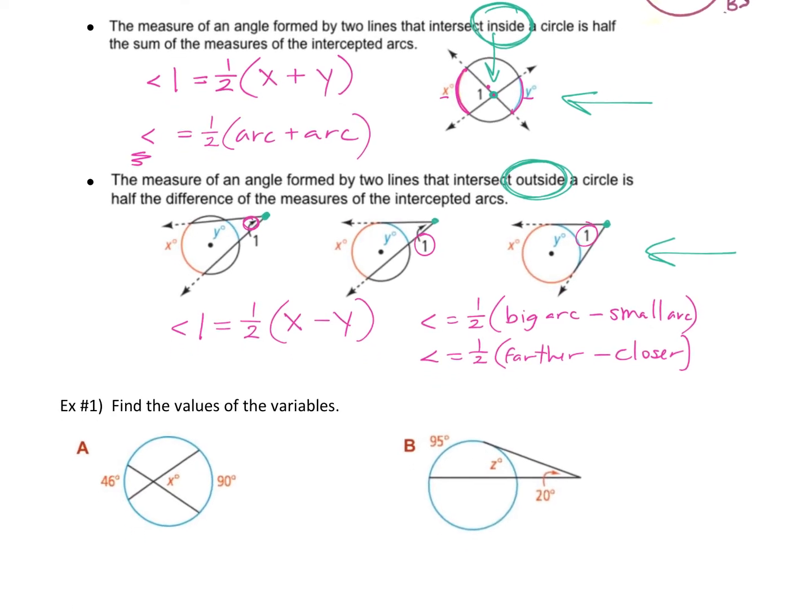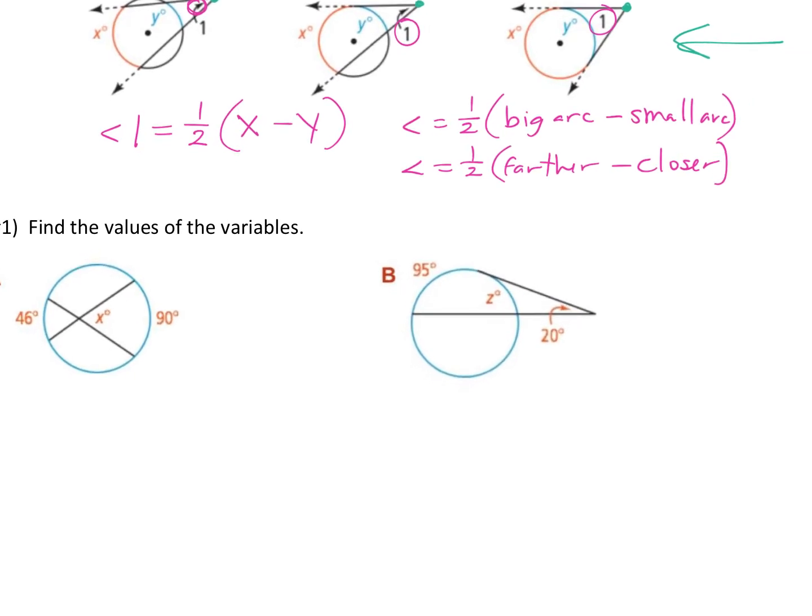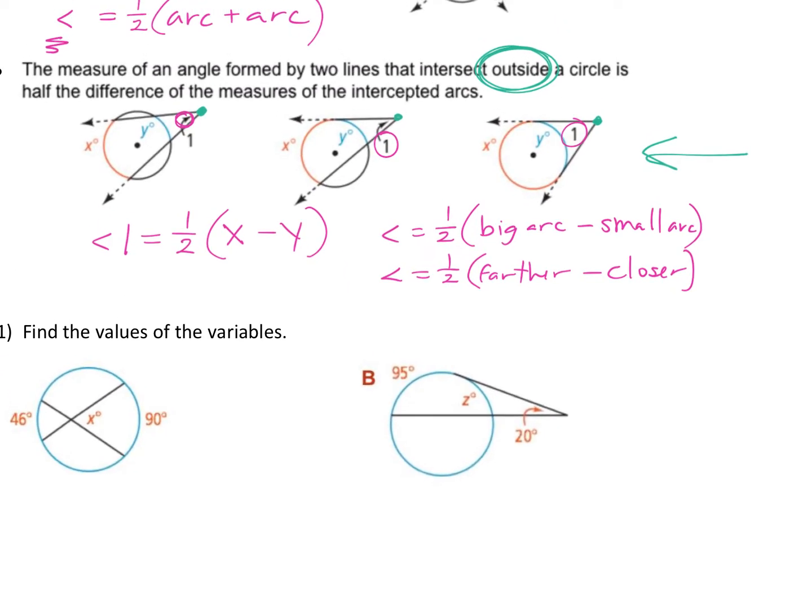But just keep in mind, again, your arcs stay together. Your angle is the standalone, okay? Angles by itself, arcs are together. And just notice what this looks like. So these are tangent, right? This third picture. But it's the same thing as if one's tangent and one is a secant, or if both are secants, both go through the circle, you do the exact same thing every single time.